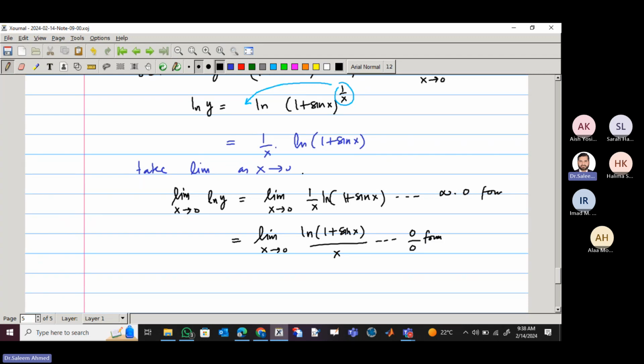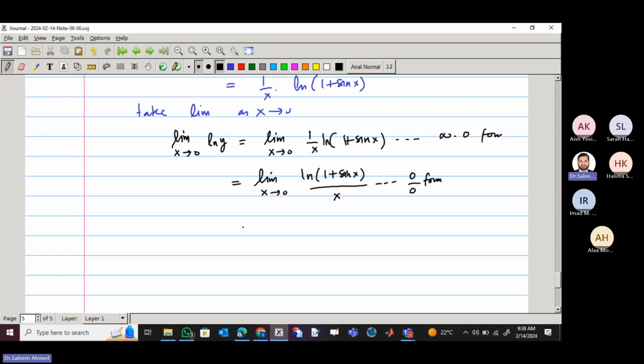If it is 0 by 0 form, then I can use L'Hopital's rule. Limit x goes to 0 of the derivative of log of 1 plus sine x, which is 1 over 1 plus sine x into the derivative of sine x, which is cos x, divided by the derivative of x, which is 1. So this becomes limit x goes to 0 of cos x over 1 plus sine x.